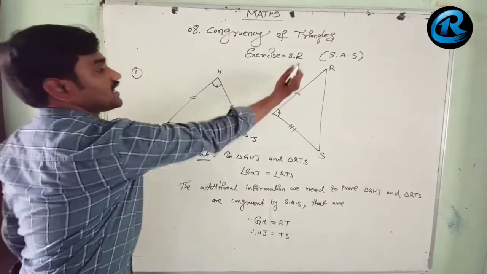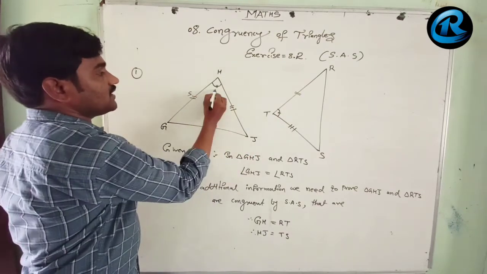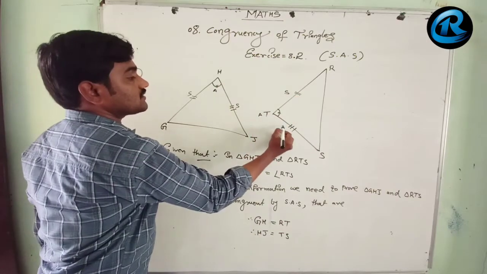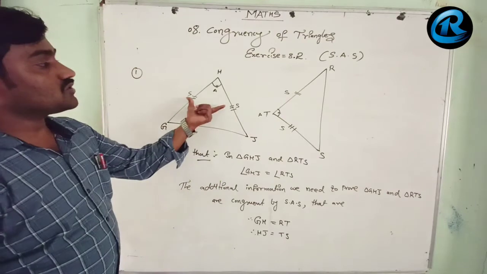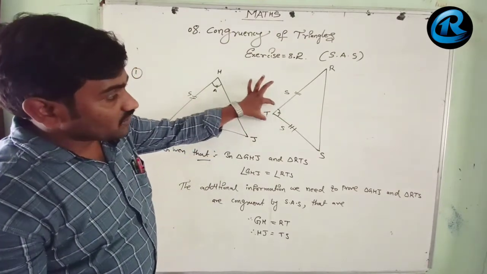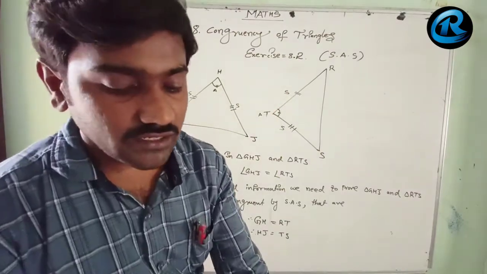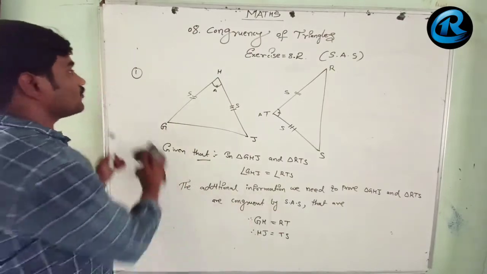See, if these two sides are equal, these two angles are equal and these two sides are equal, that is side angle side. By side angle side, the two sides and the included angle of this triangle, these two sides with the included angle of these two triangles, if they are equal, hence we can conclude that these two triangles are congruent by side angle side. I hope you understood this.